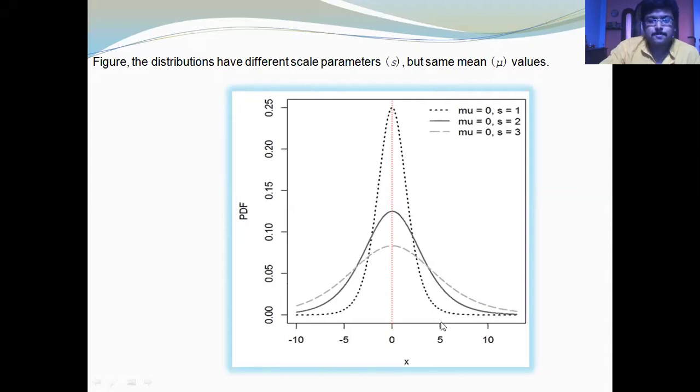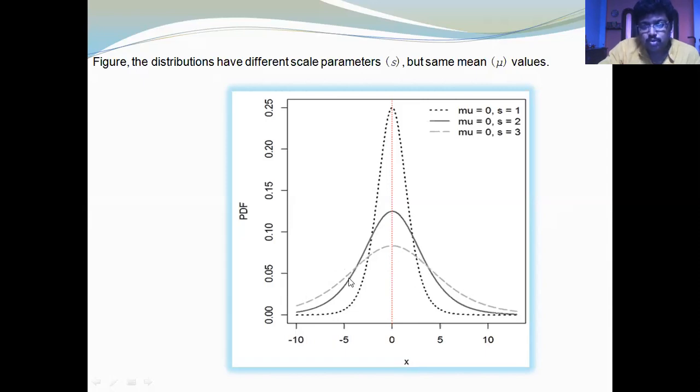When the location parameter is 0 and the scale parameter is 3, then the logistic distribution curve would follow this dashed line.